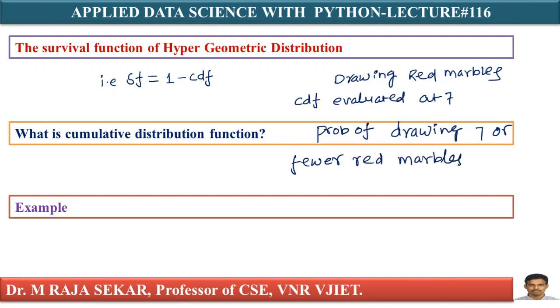This is the meaning of the cumulative distribution function.